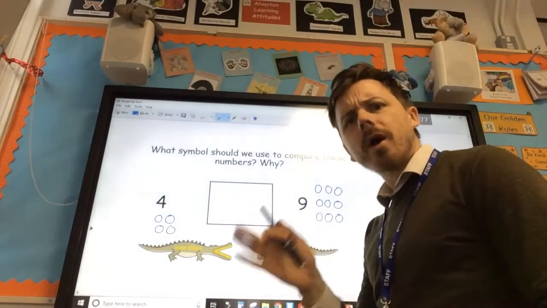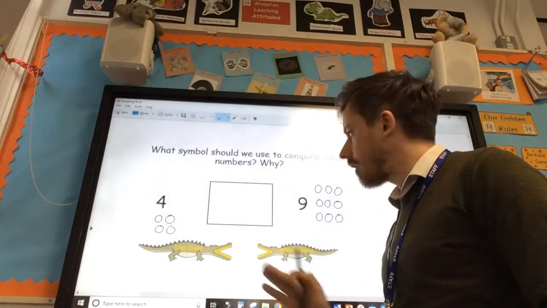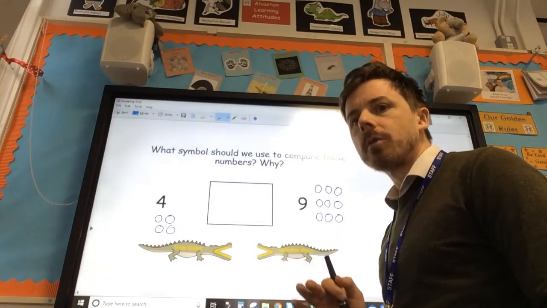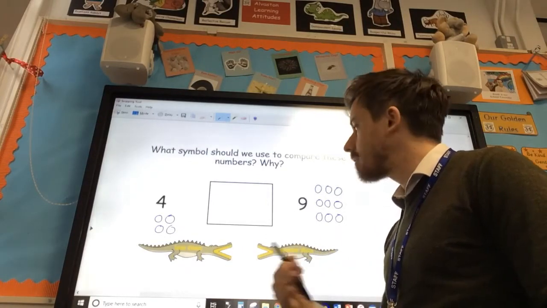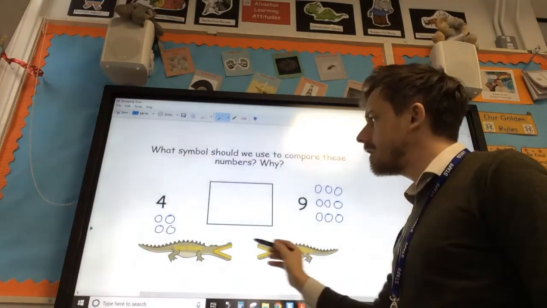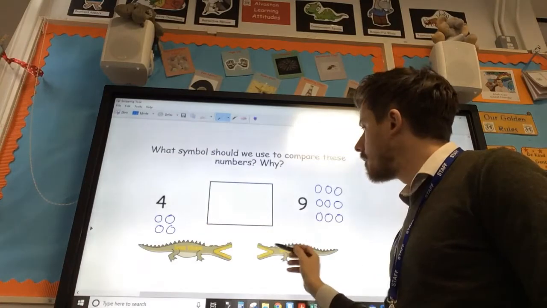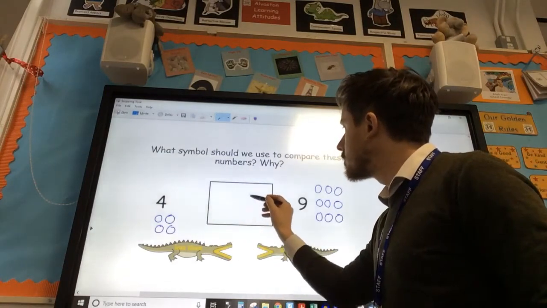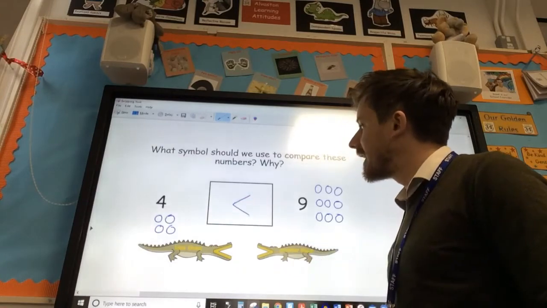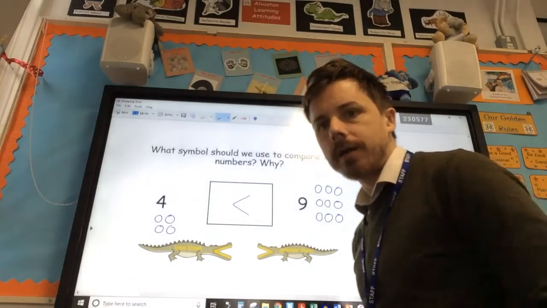Now your child might already say, well, I know this already, that 4 is a smaller number than 9. But it just helps, especially when we start to move on to larger numbers, with confidence. So, is 4 greater than 9? Definitely not. 4 is less than 9. So I do it again with my 3 dots and then join those to make my less than symbol.